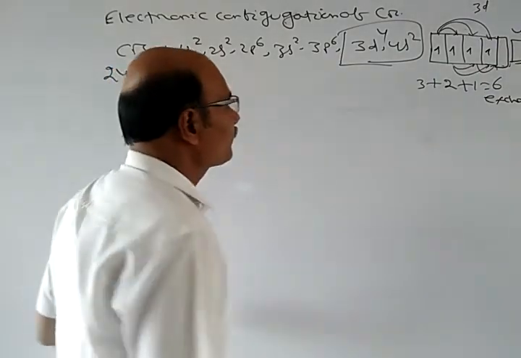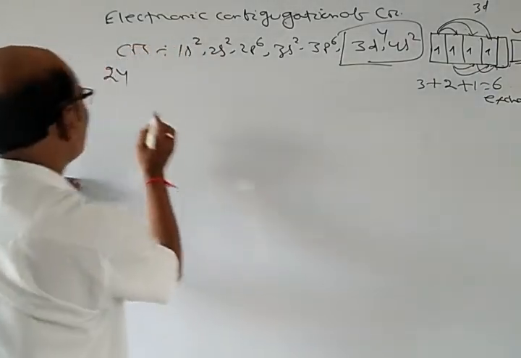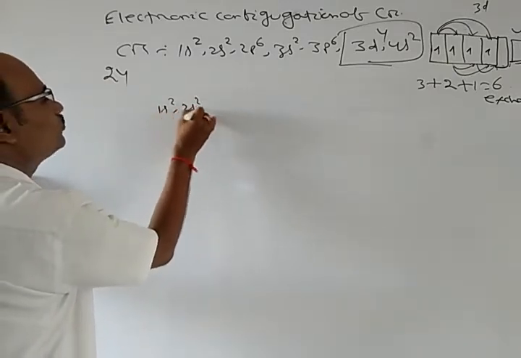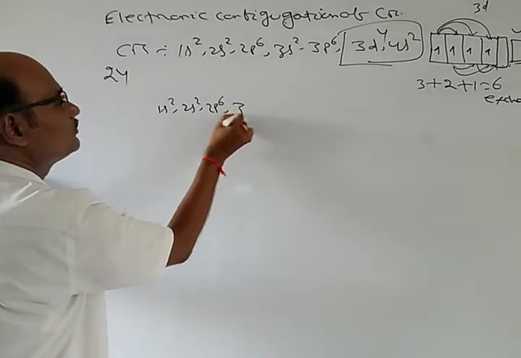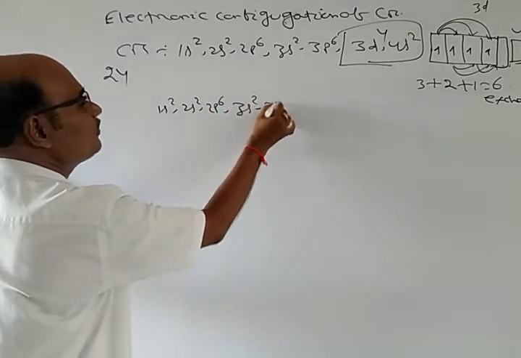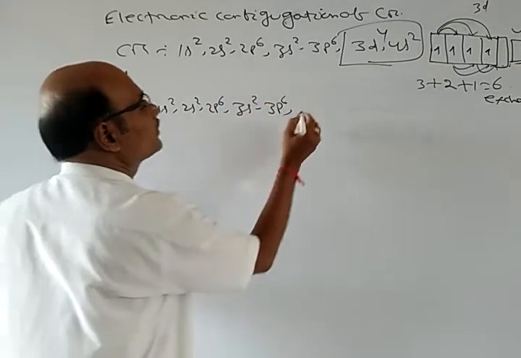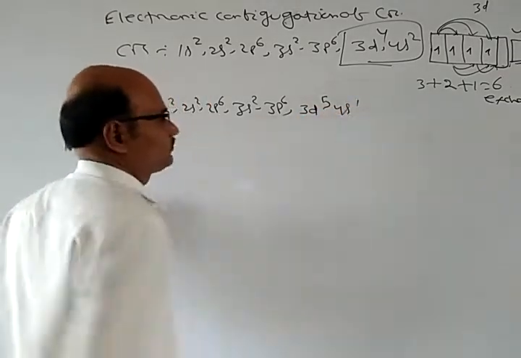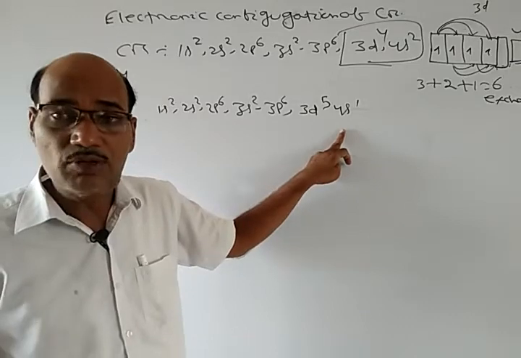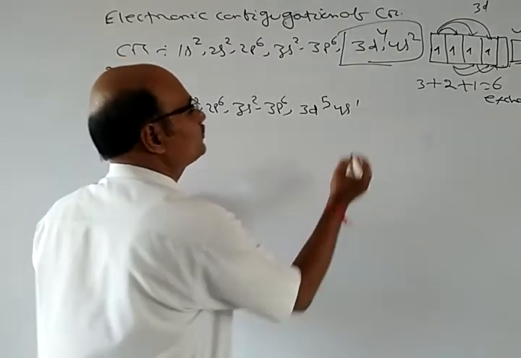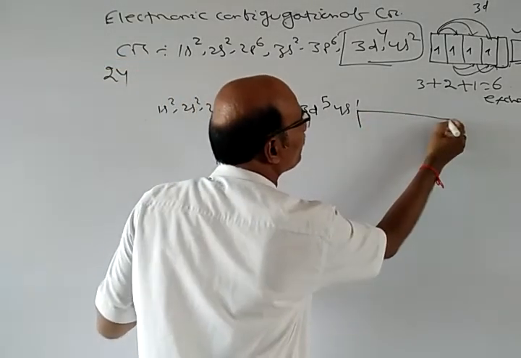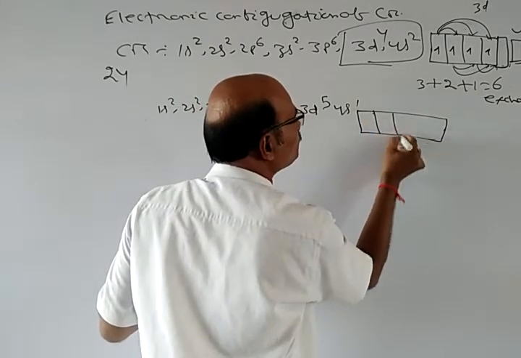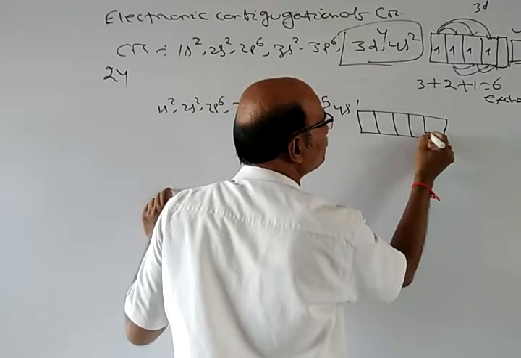Now see, if I have the configuration of 1s2, 2s2, 2p6, 3s2, 3p6, 3d5, 4s1, what happens here?